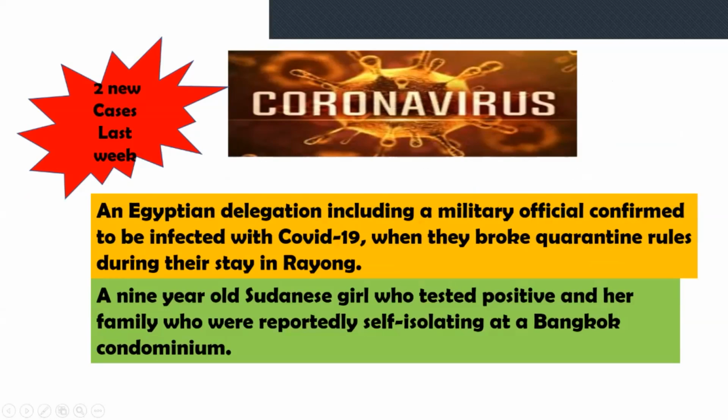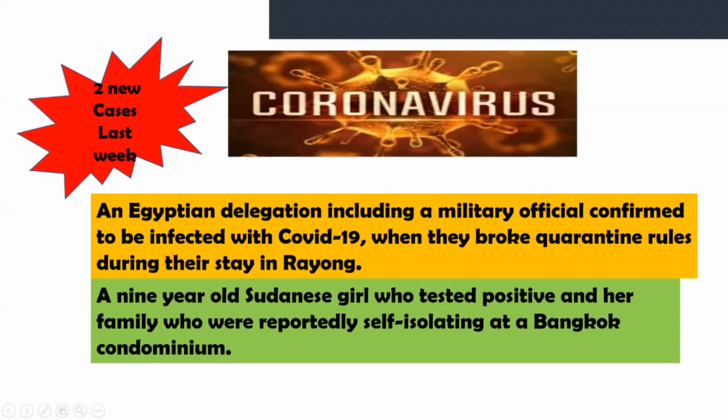This includes the 2 new cases from last week also. The Egyptian delegation, including a military official, was confirmed infected with COVID-19 when they broke quarantine rules during their stay in Rayong.